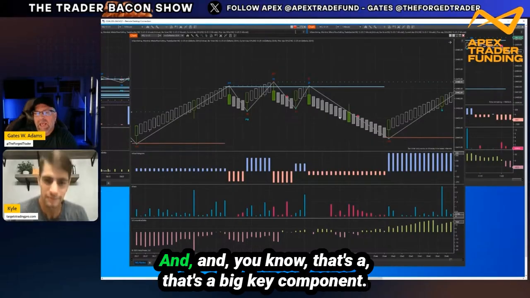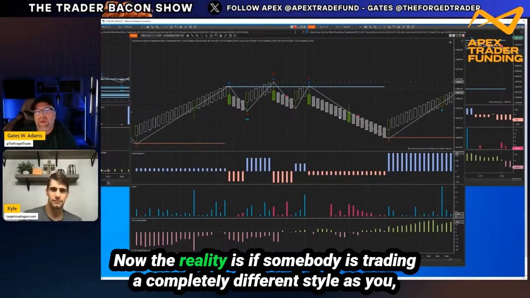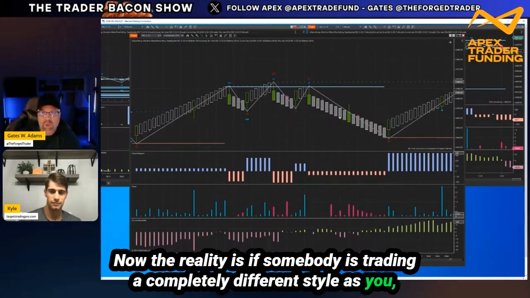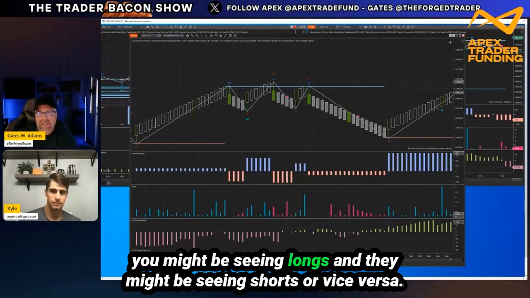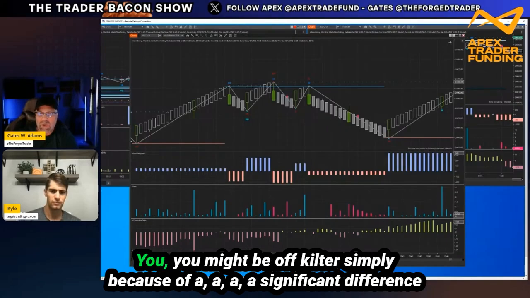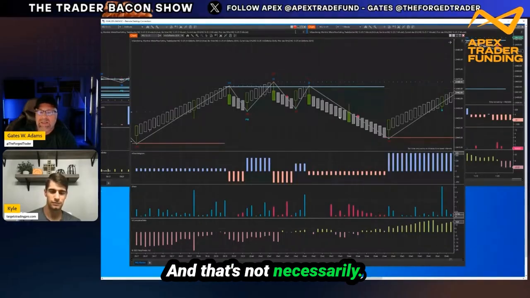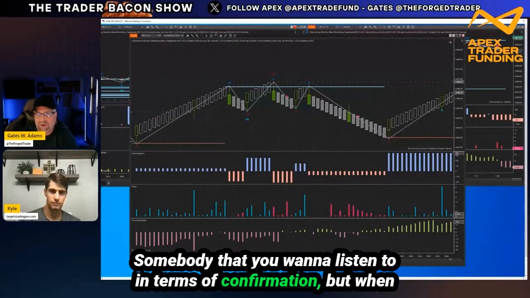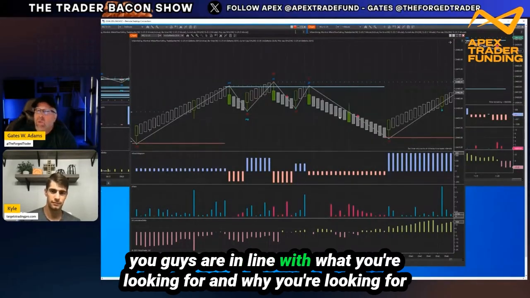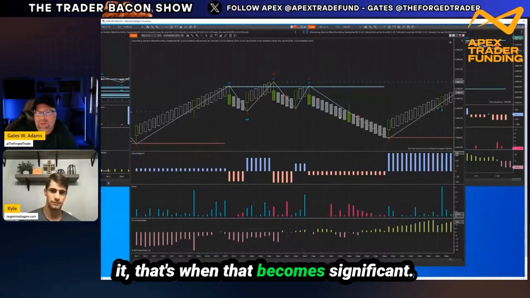Of course, that's a big key component. Now, the reality is if somebody is trading a completely different style, you might be seeing longs and they might be seeing shorts, or vice versa. You might be off kilter simply because of a significant difference in strategy, and that's not necessarily somebody you want to listen to for confirmation. But when you're in line with what you're looking for and why, that becomes significant.